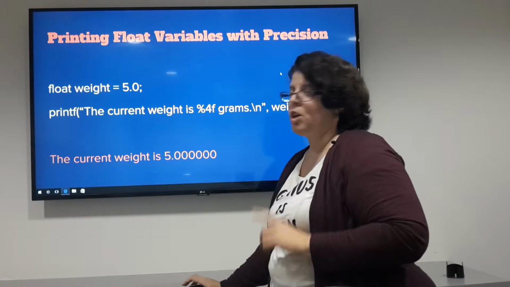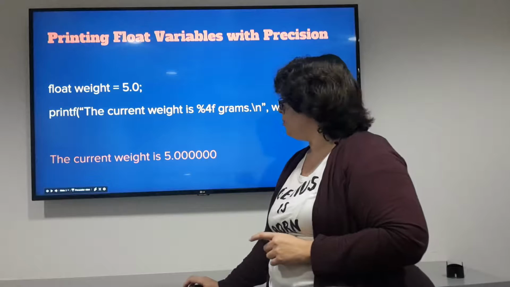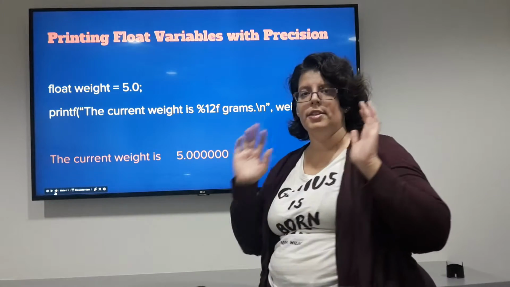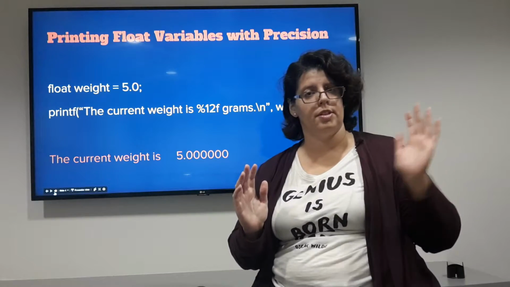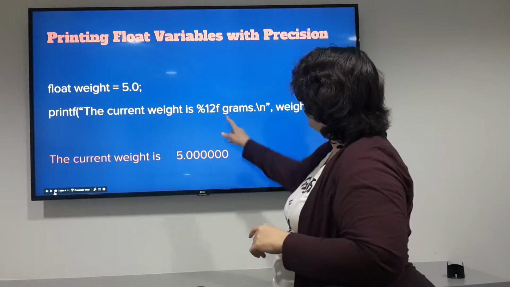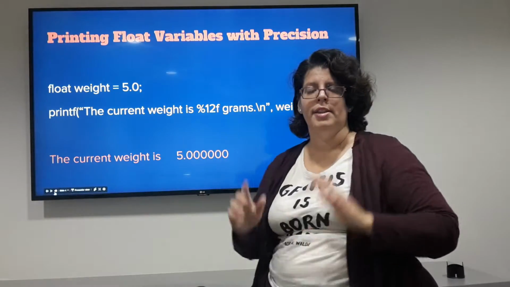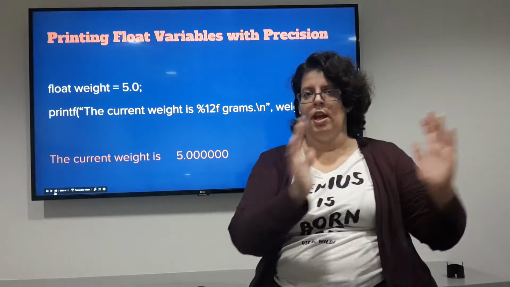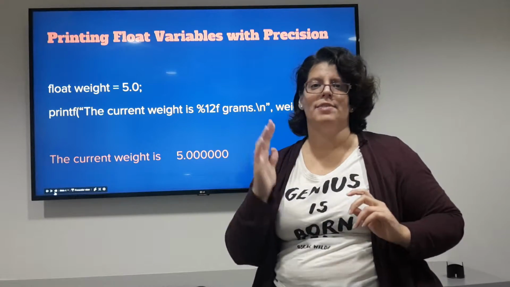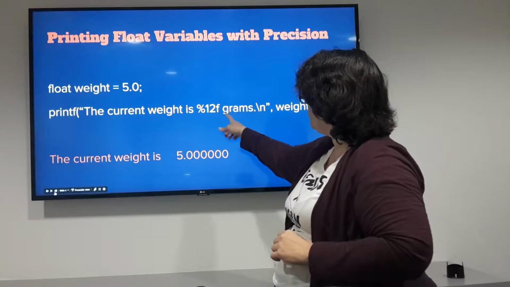Now if you put a number that's greater than the size that it thinks it should be, it still thinks it should be 8 positions, the 6 zeros, the period, and the 5. It wants 8 positions, and you said, will you please show it in 12 positions? Then it's going to show those 8 positions and then fill in with blank spaces in the front, as many spaces as it needs to get to your number.